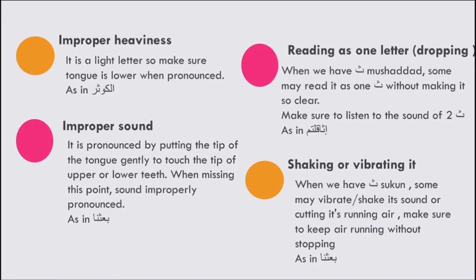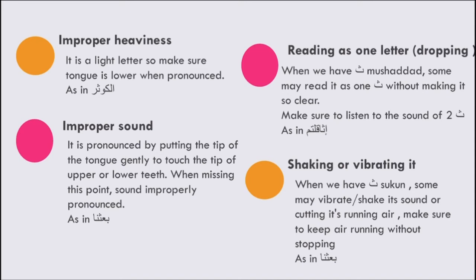The second mistake that we may have is improper sound. This is because of missing the correct point or putting the tip of the tongue improperly. Instead of putting it between the tips of the upper and lower teeth, some may put the tip of the tongue on the upper teeth, just the same as a Ta sound, or some put it on the lower teeth, the same as a Sin sound.